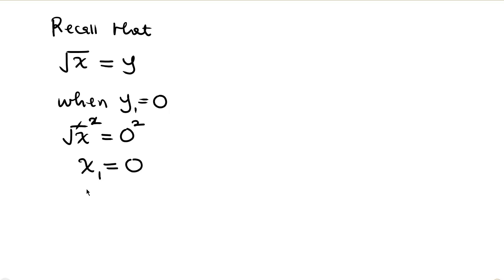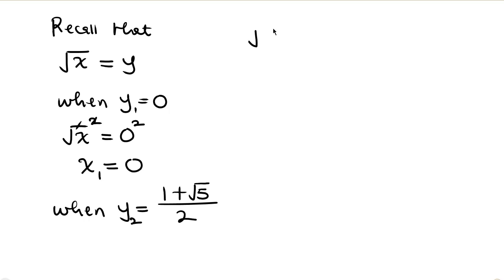Now to find another solution for x, we say when y, this is the second value for y, is equal to 1 plus the square root of 5 all over 2, which is actually the golden ratio. So let's substitute it here. So this is the square root of x equal to y. Y is 1 plus the square root of 5 all over 2.